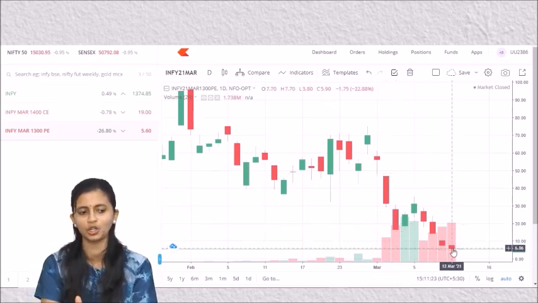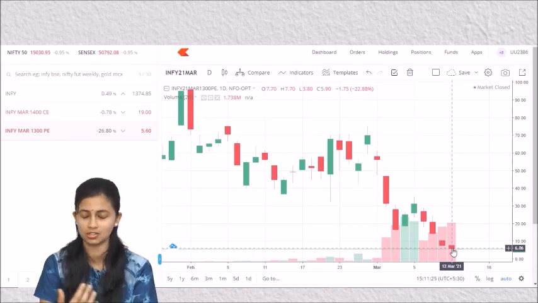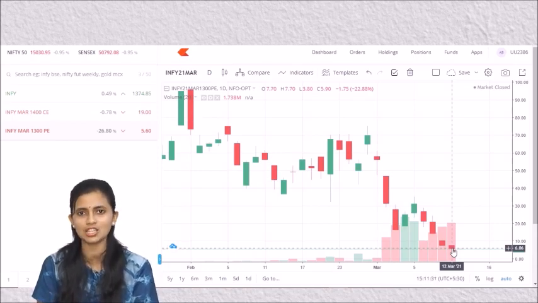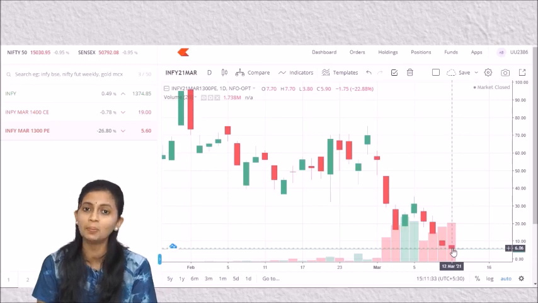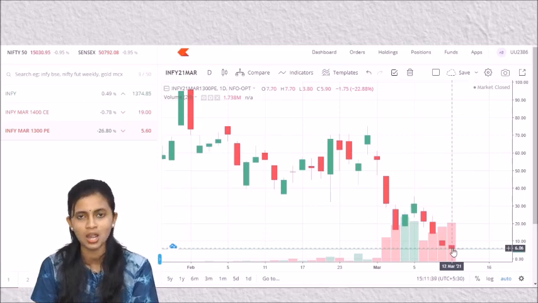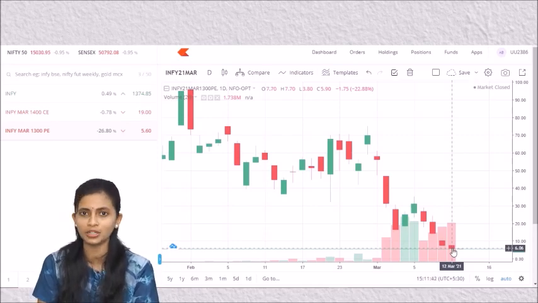This is because a put option is where you expect the stock to come down. In this case, what has happened? The Infosys stock moved in the upward direction, so the value of the put decreased. You expected the stock to come down, but the stock moved upward. That's why there is a drastic fall in the premium of the put, from 53 it moved to 5.